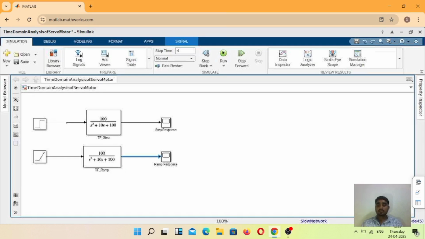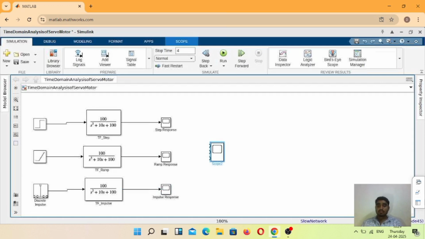Then we get the discrete impulse signal, and another block of the second order transfer function, and I will connect it. I will get one more scope and connect it to view the graphical representation of the impulse input.